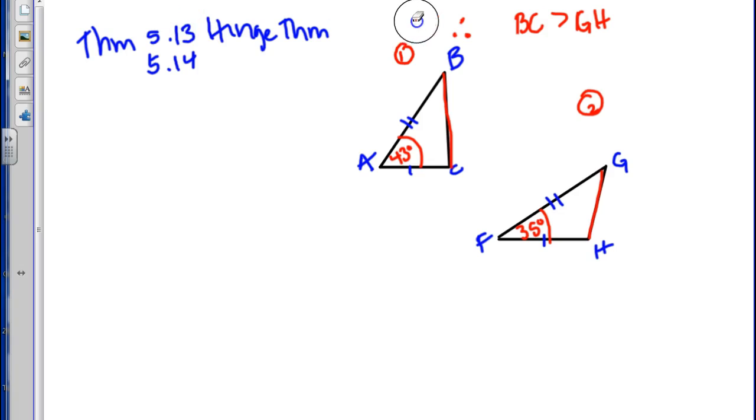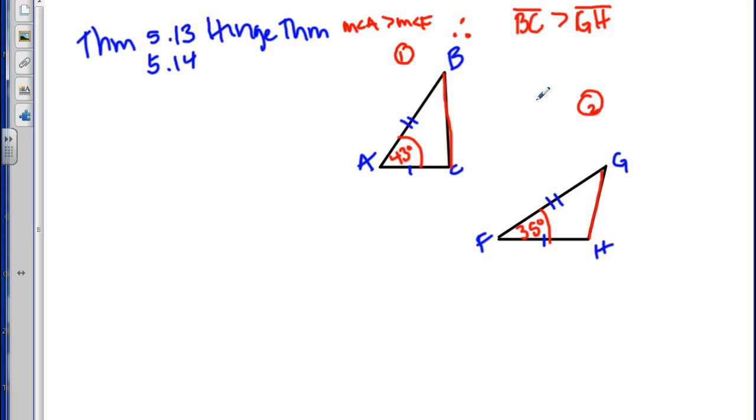Let me put M in front of it, and maybe that'll help. So the measure of angle A is larger than the measure of angle F. Therefore, the measure of side BC is longer than the measure of side GH. All right, hopefully that makes sense.